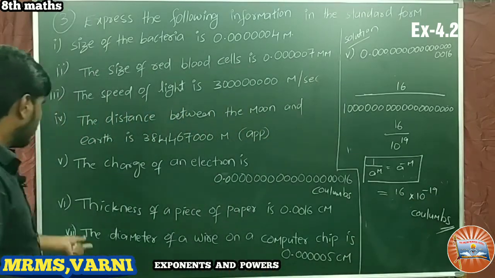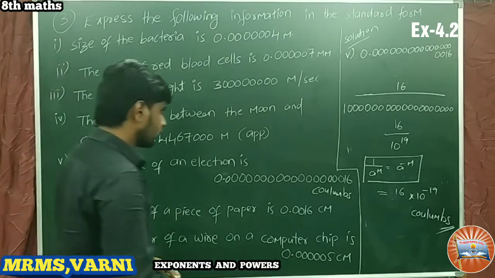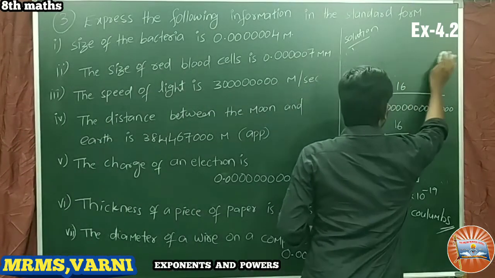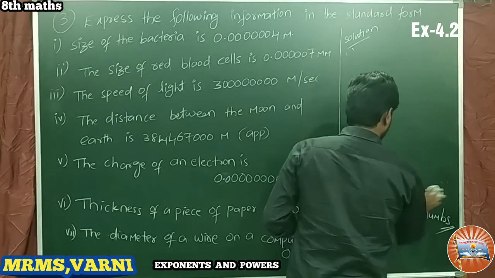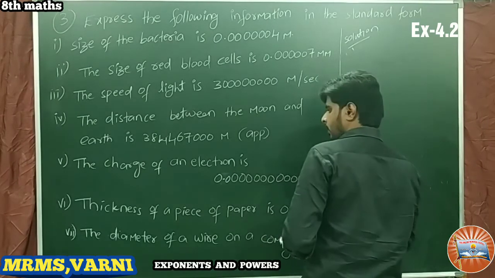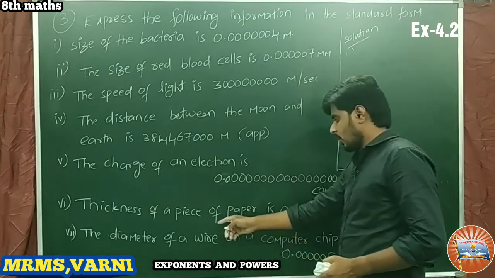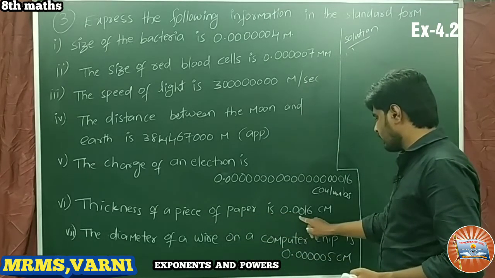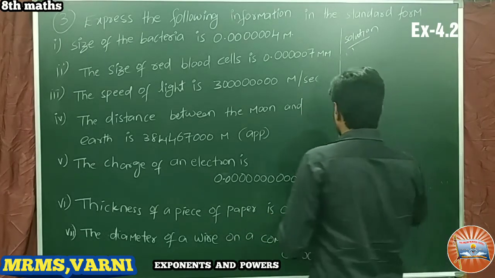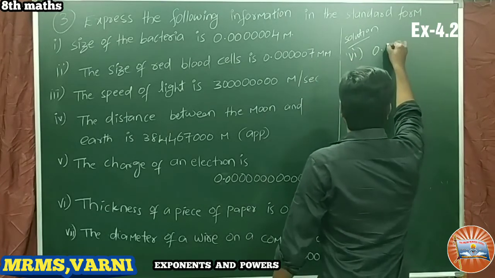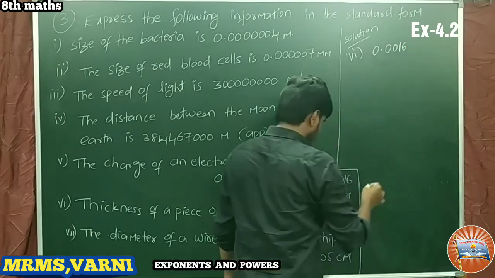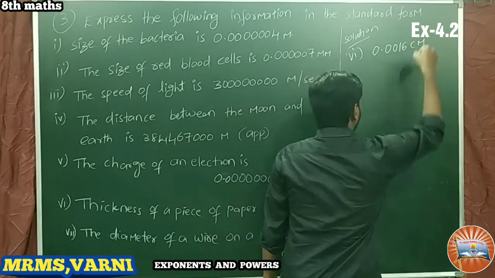Next we go for problem number 6. What is the question? Thickness of a piece of paper is 0.0016 centimeter.